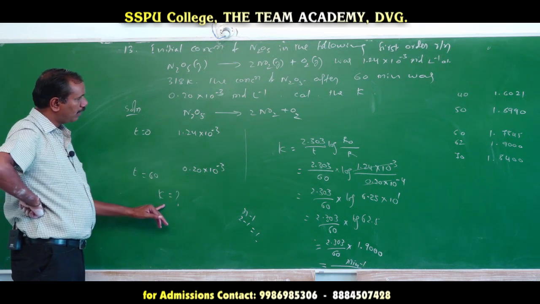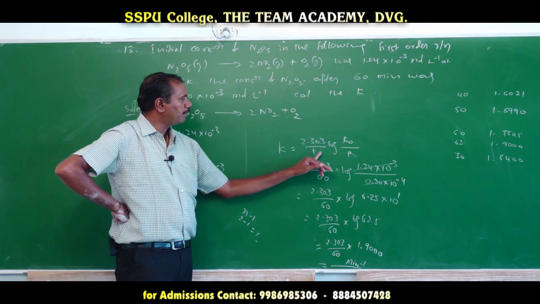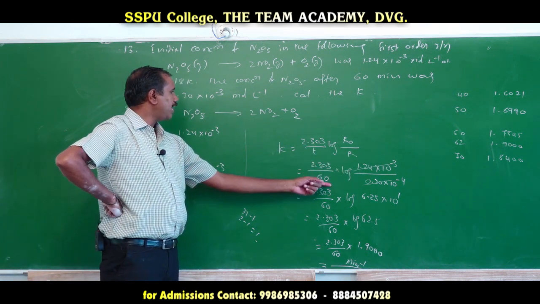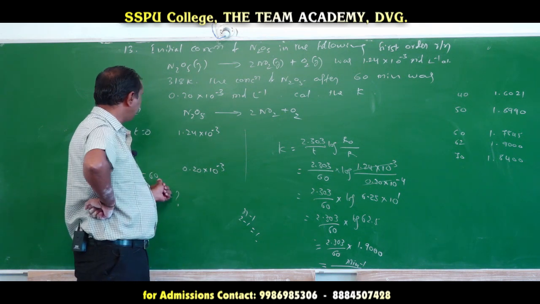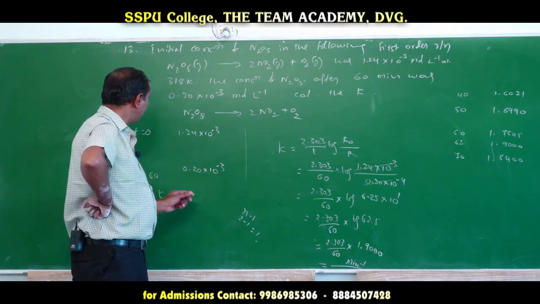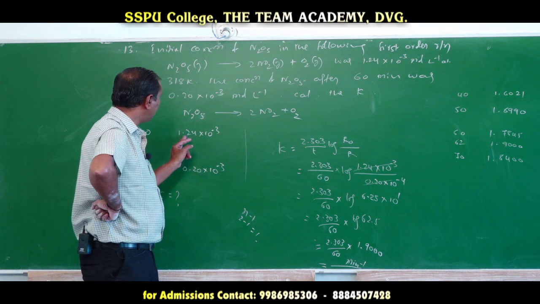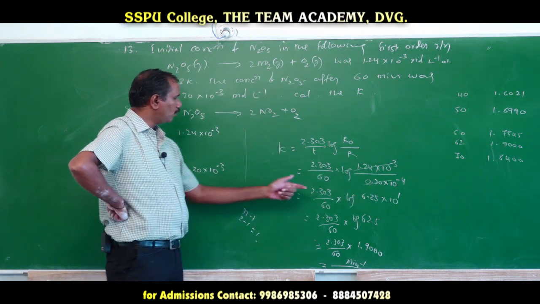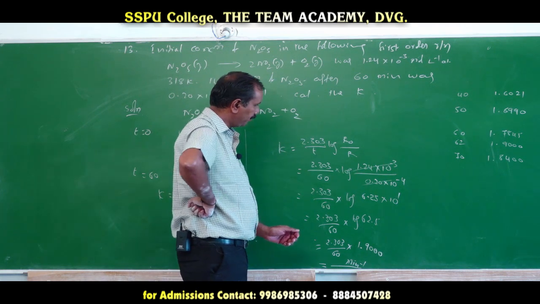To find out the value of K, K equals 2.303 by T into log of R naught by R. 2.303 by T, T is what? 60. Then initial concentration is 1.24, R value, the left behind concentration, is 0.20 into 10 to the power of minus 4.